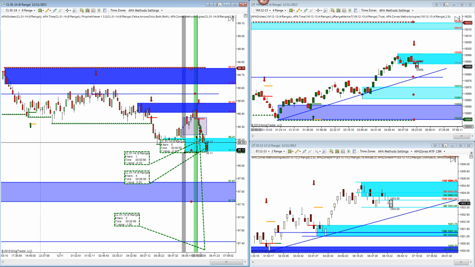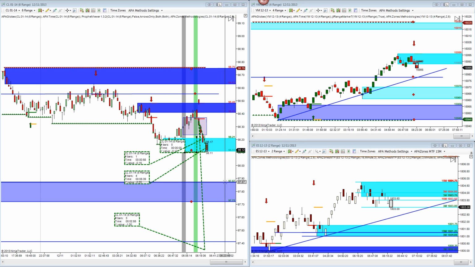Alright, so looks like we're retesting this bottom pretty good. Let's see if we break it or not. I'm seeing something at 9795. I'm usually wrong about these things. I'm high on coffee.